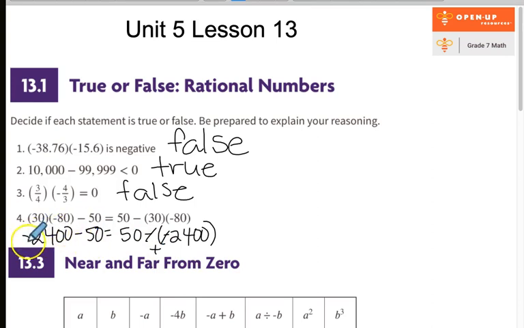Well, two negatives over here, negative 2,400 minus 50 more, that's going to be a bigger negative, negative 2,450, where this is 50 plus 2,400, so this is a positive 2,450. These are not equal to each other, even though the answers will become the same number. One is going to be a negative, where the other one is a positive. So this one is false as well. Let's move on.